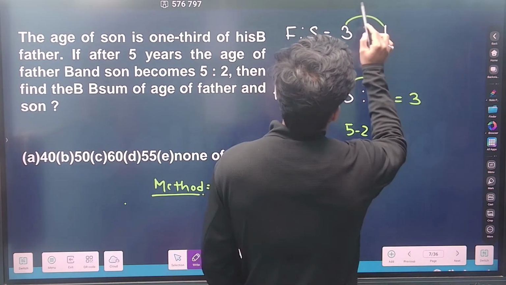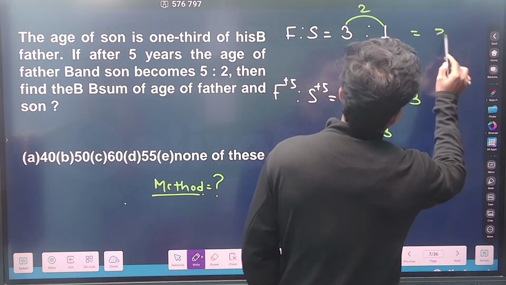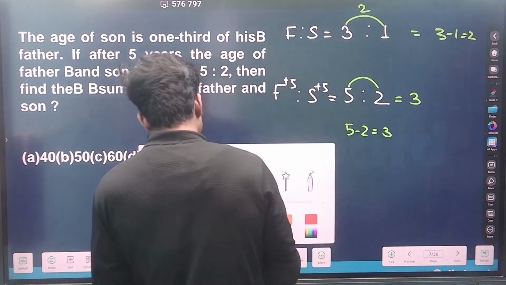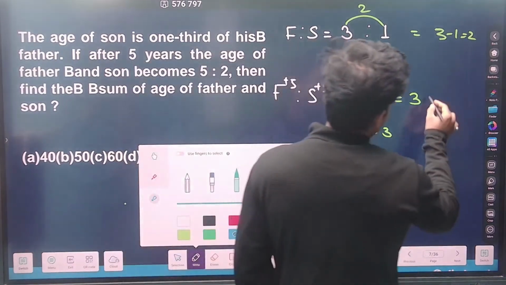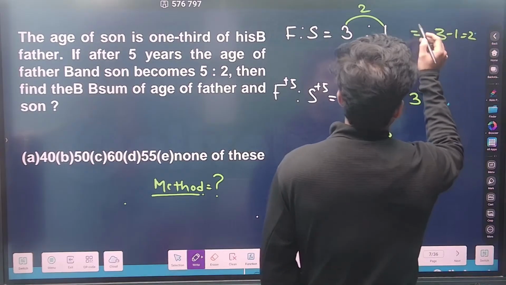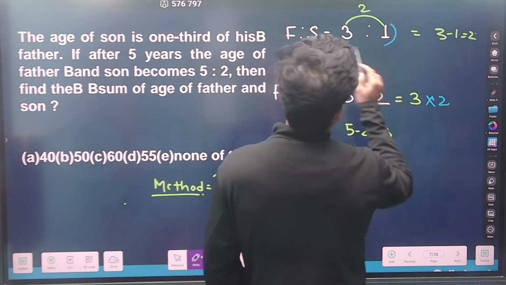And 3 minus 1, here the difference is 2. Make the difference equal. So for making the difference equal, multiply this by 2 and multiply this by 3, meaning the whole equation by 3.